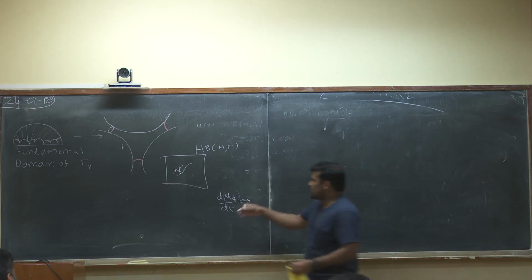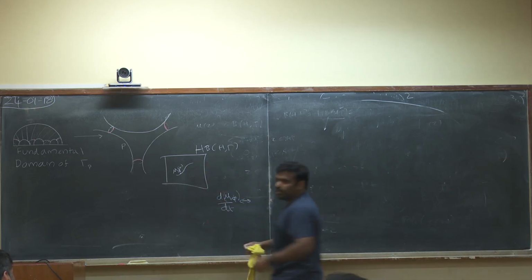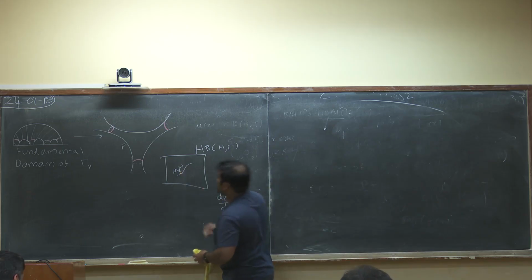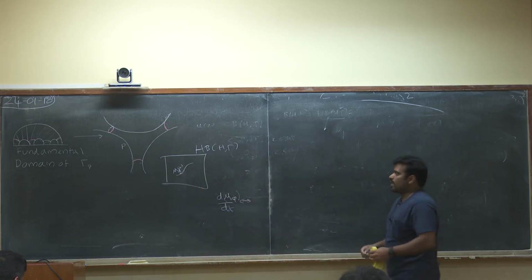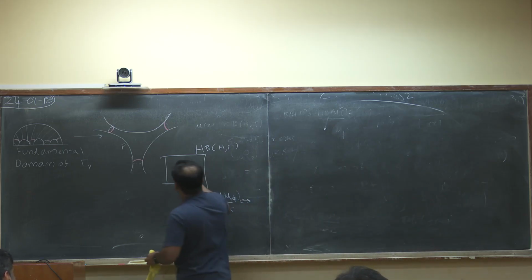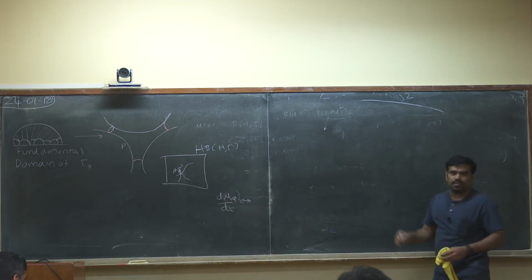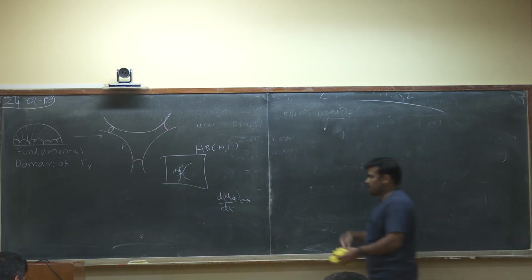So I am supposed to let them vary through a particular curve and then take the derivative to find the tangent vectors. I could find enough curves which will form a basis for the tangent space of the Teichmuller space, and then construct all the tangent vectors.